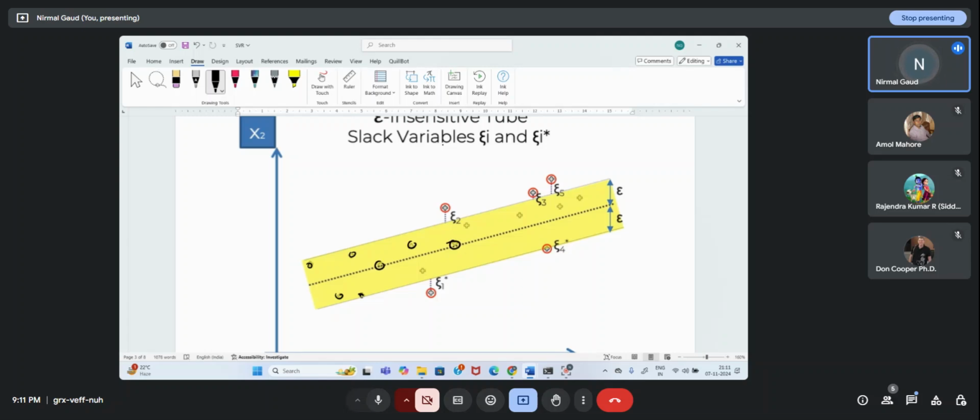It doesn't matter whether it comes over the regression line or away from it. All are good, no error. But any point outside the epsilon tube is an error point.